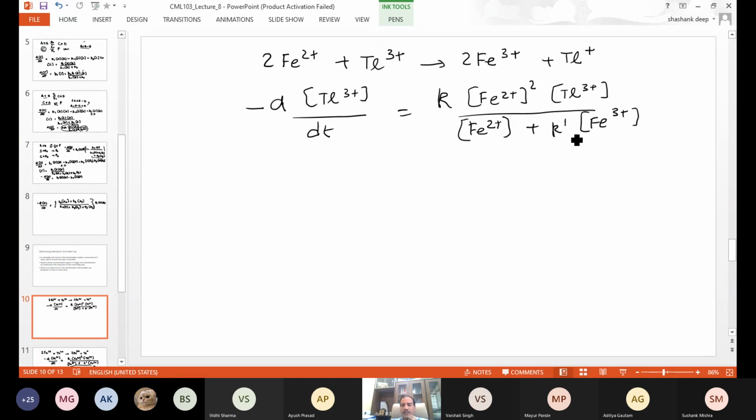Now propose a mechanism. Can you propose it now? How many steps can you think of? Two.